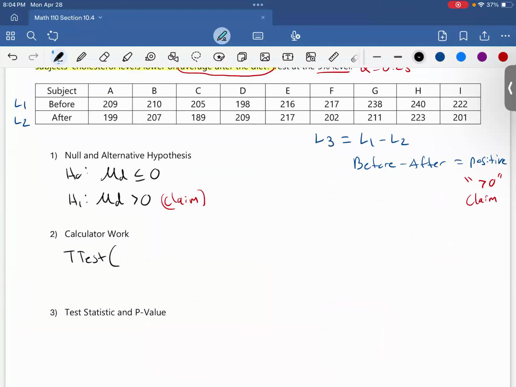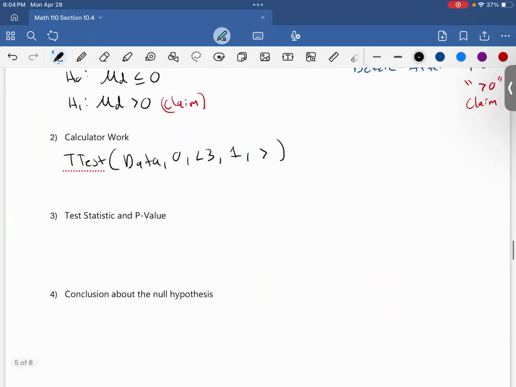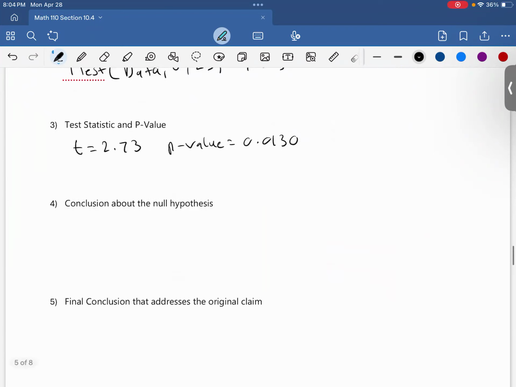So let's write down our calculator work and our results. We get data, list 3, 1, and greater than. And what we got was t equals 2.73, and the p-value was 0.0130. All right, so for the conclusion about the null, we compare the p-value and the alpha. Our p-value was 0.0130.